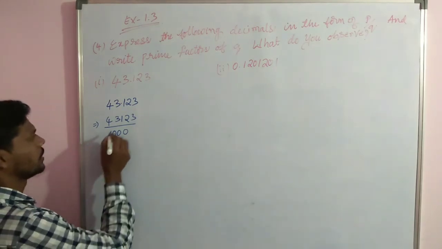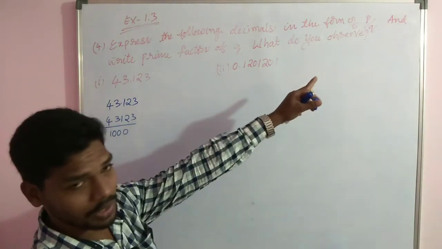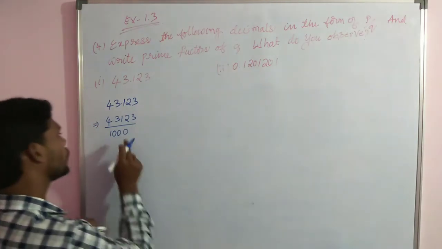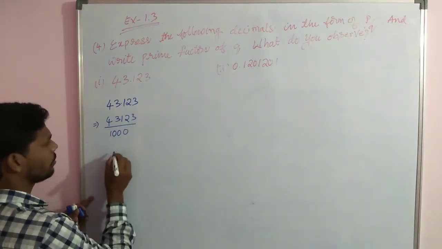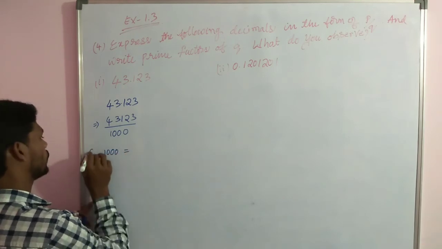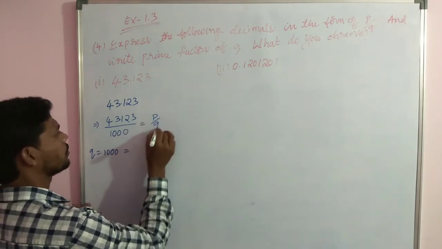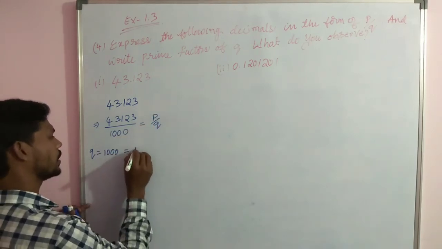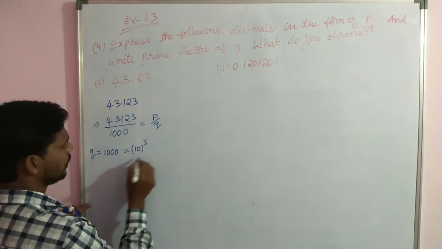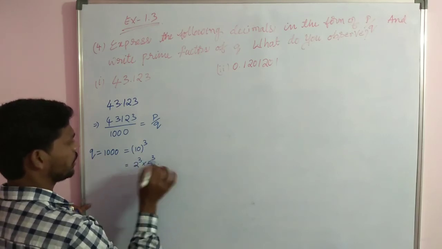We have to write it in the form p by q and write the prime factors of q. Here q is 1000, which is nothing but 10 to the power of 3, and that can be written as 2 power 3 into 5 power 3.